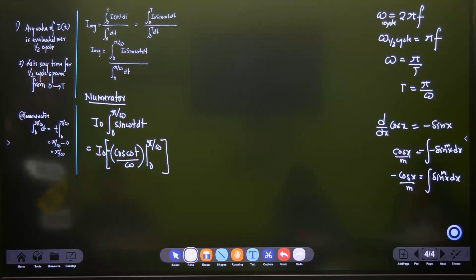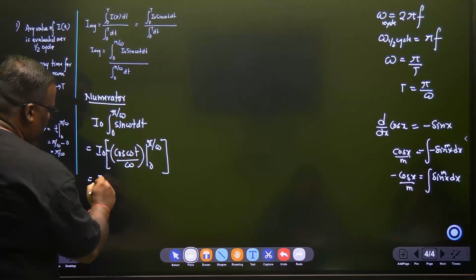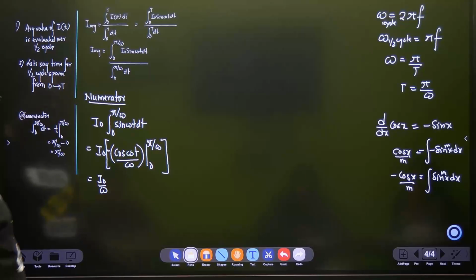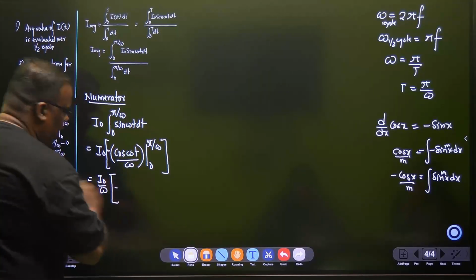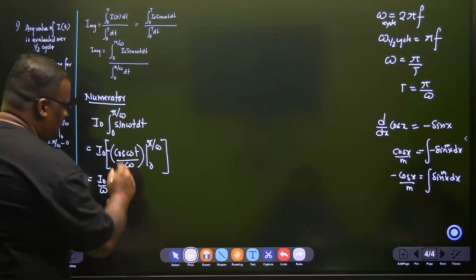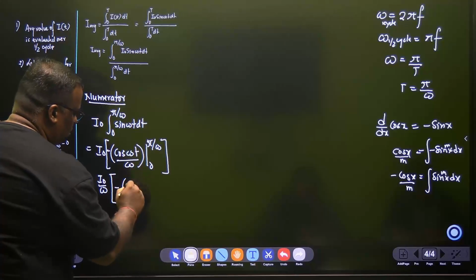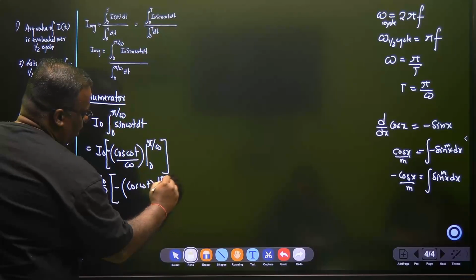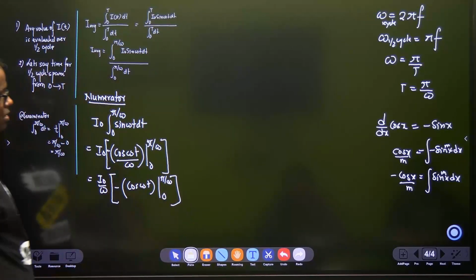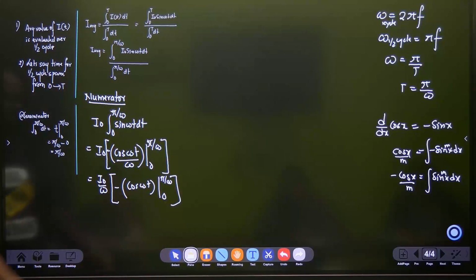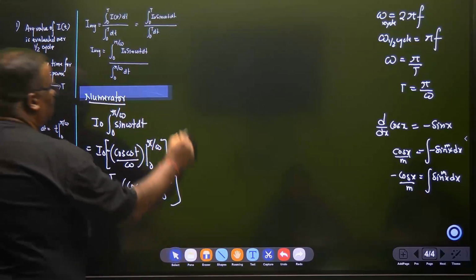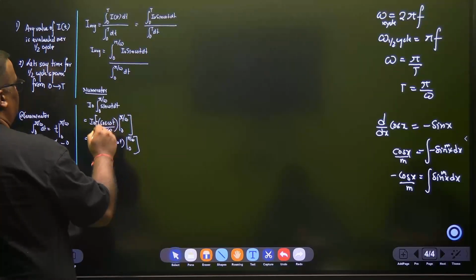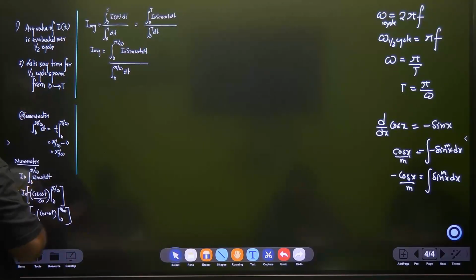Can I bring my I naught by omega outside, being a constant? I still retain the negative inside, and now this becomes cos omega t with 0 to pi by omega as my limits. Okay? We again make this smaller a little bit, not yet done.